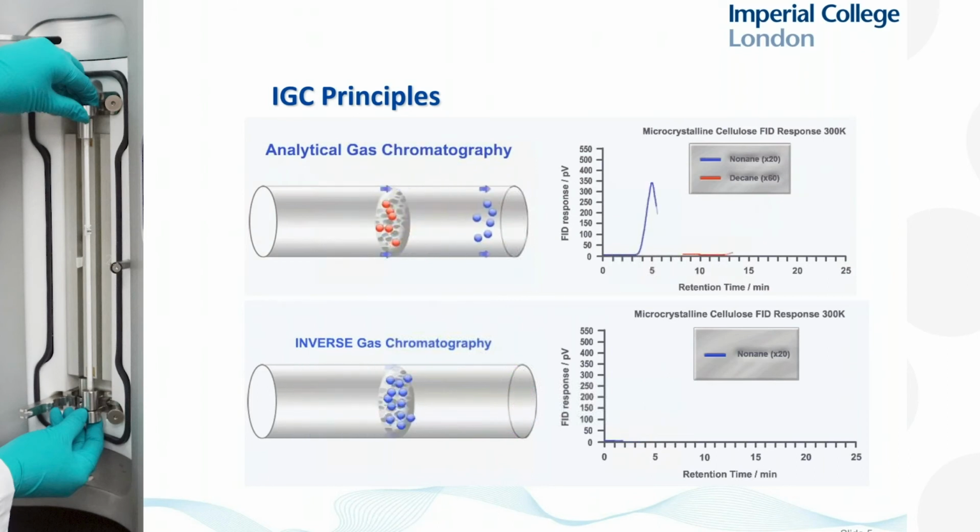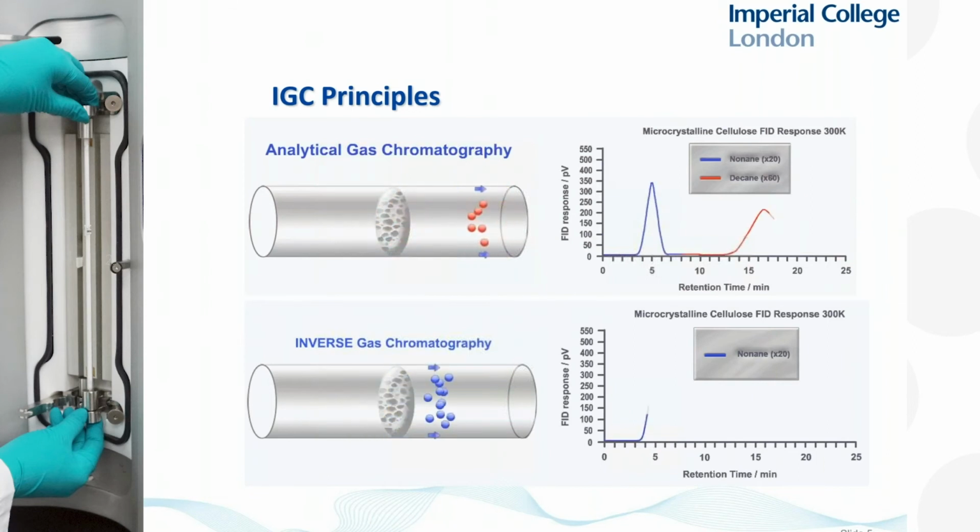In analytical gas chromatography, we have a known column that we buy from a manufacturer, and we typically use that to separate some unknown molecules. From that, we can determine what the molecules are, and also their concentration. We do that by having a known process of those vapor phase molecules adsorbing on our known column.